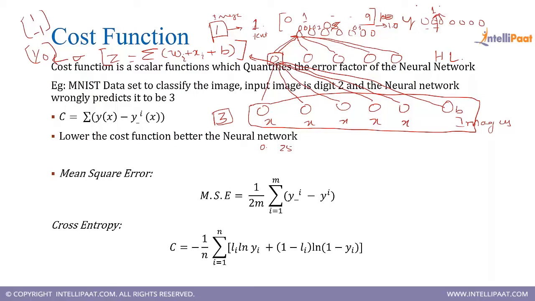This indicates that the matrix has 0 0 1 0 0 0 0 like that, indexed 0 1 2 3 4 5 6, and it ignites this third bit, which says that you have inputted an image of 3 and you're getting the output as 3.